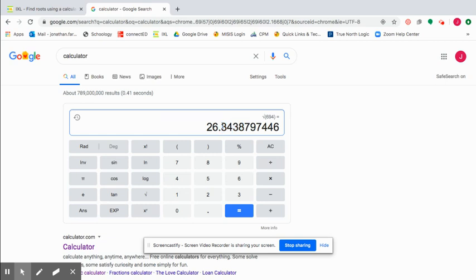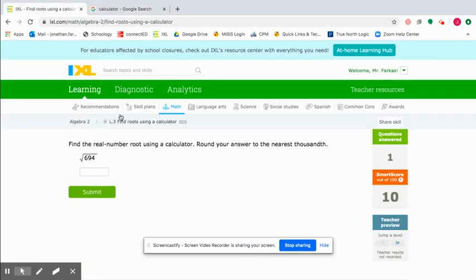So we have our tenths, hundredths, thousandths. We look at the number to the right of the 3, and since it's an 8, we would round this up. So this would be 26.344.